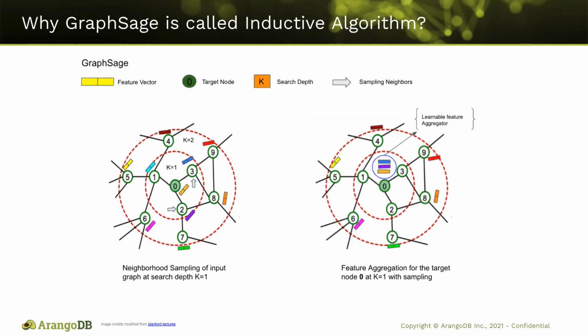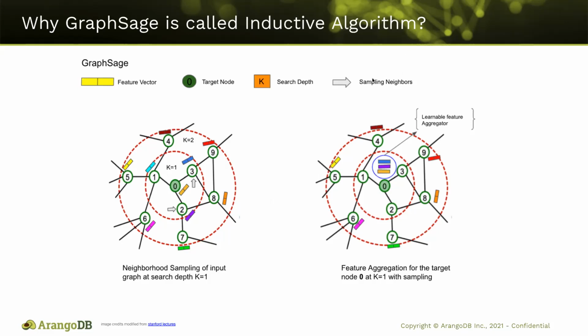Why is GraphSAGE called an inductive algorithm? As I have discussed with you, GraphSAGE is an inductive version of graph convolutional networks, which implies that it does not require the whole graph structure during learning, and it can generalize well to unseen nodes. Its inductive property is based on the premise that we don't need to learn the embeddings for each node, but rather learn an aggregation function.